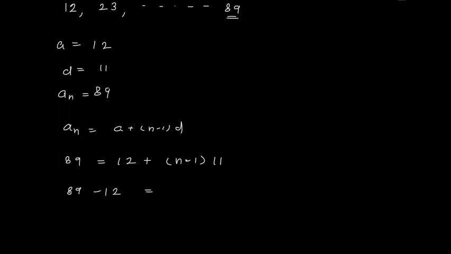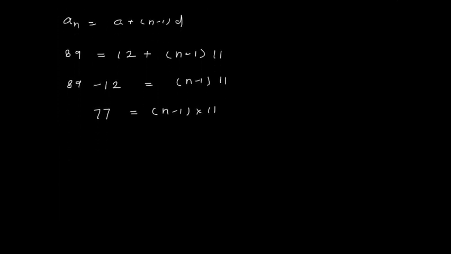So 9 minus 2 is 7, and 8 minus 1 is 7, so 77 equals (n minus 1) into 11. So here now n minus 1 equals 77 divided by 11. So 11 sevens are 77, therefore n equals 7 plus 1. 7 plus 1 is 8. Okay, so n equals 8.